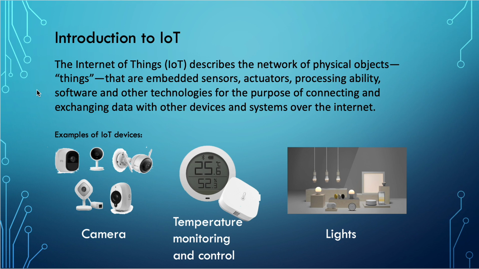So in this definition, we talked about these physical objects or things in Internet of Things, which are networked together and making embedded systems or embedded devices.